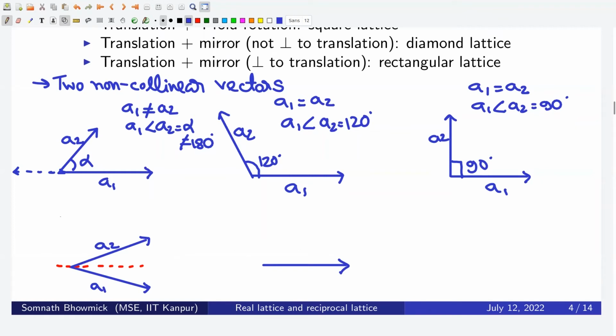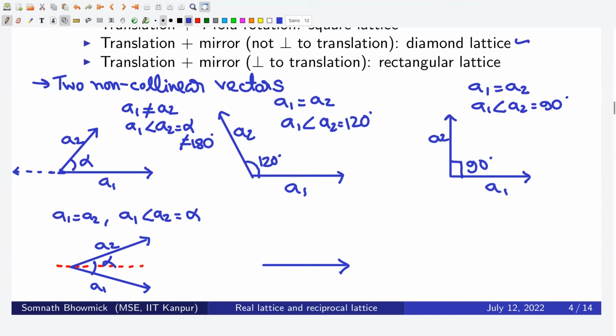In this case, the translation vectors are related by the magnitude of A1 equals the magnitude of A2, and the angle between them can be a general angle, A1 angle A2 equals some general angle alpha. So we just call it alpha. We are done with this.